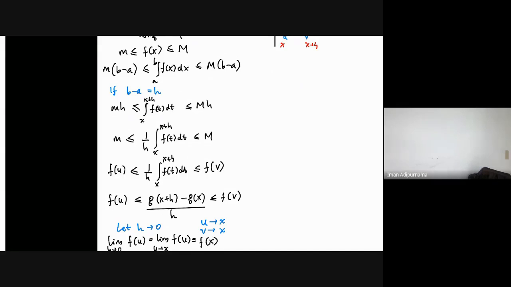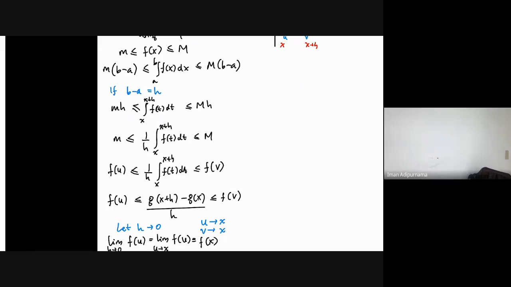From here, you can see if we can compute the first part and the last part, it's the squeeze theorem using the limit as h approaches 0. But because on the left and the right we have x, we need to define u and v in terms of x.